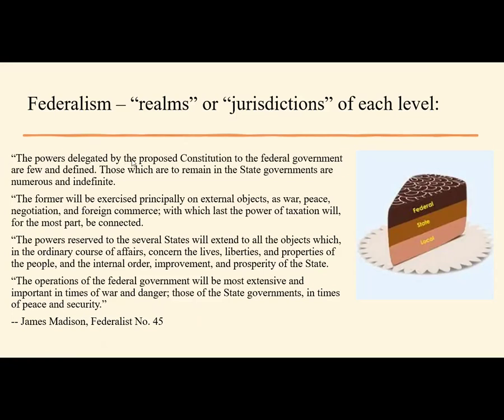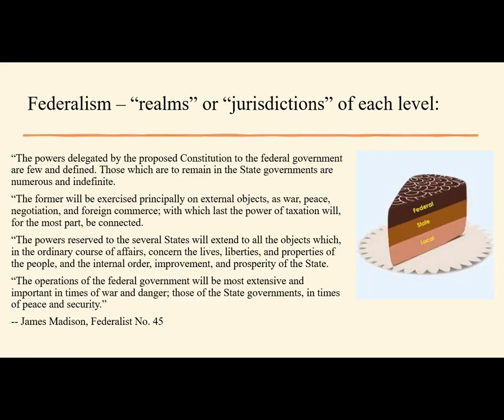The powers delegated by the proposed Constitution to the federal government are few and defined. Those are very important words to remember. The national government's powers were few and defined. Those which are to remain in the state governments are numerous and indefinite.